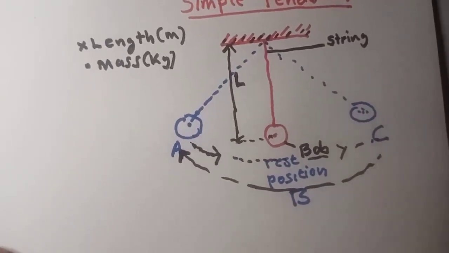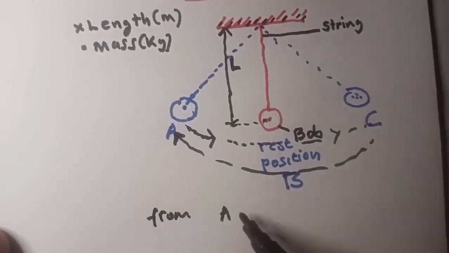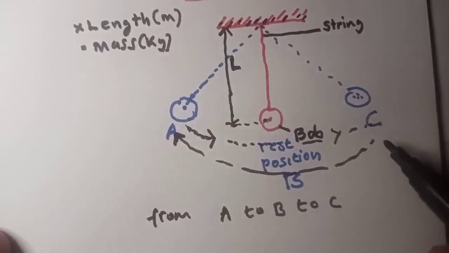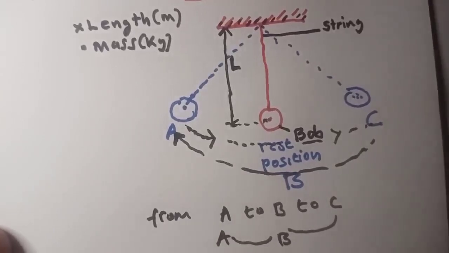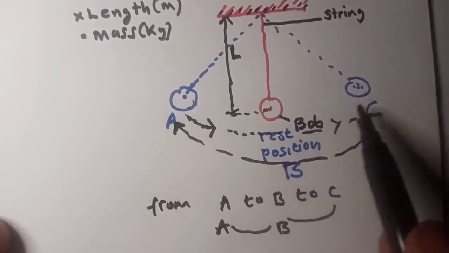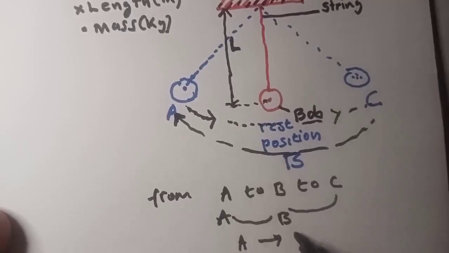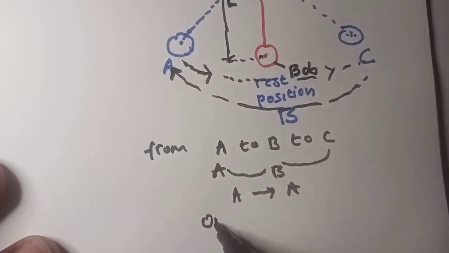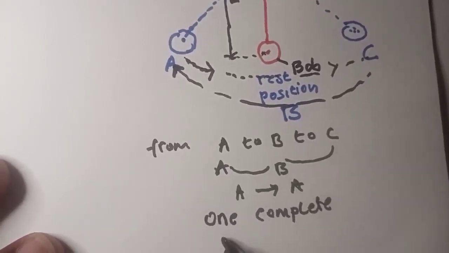When the bulb moves from A to B to C, and then back to B and back to A where it started from, a complete turn from A and back to A again, we call this one complete oscillation.